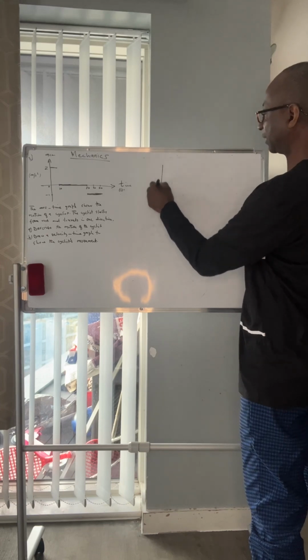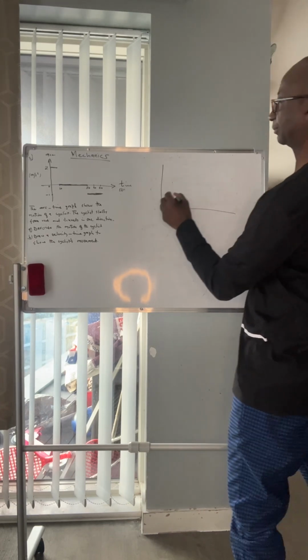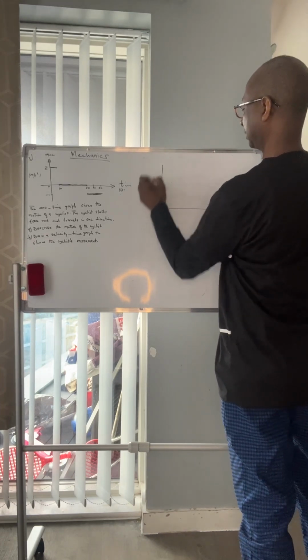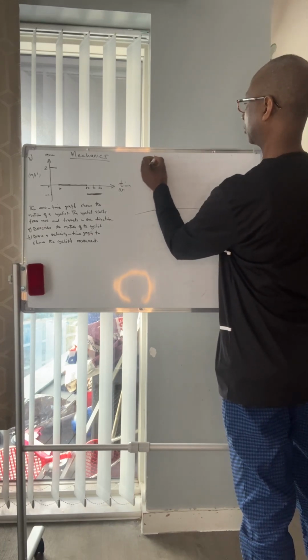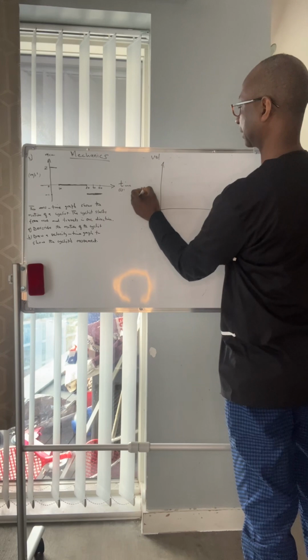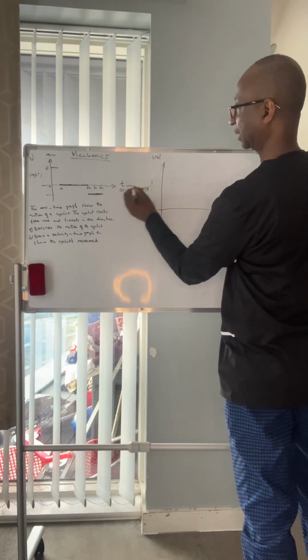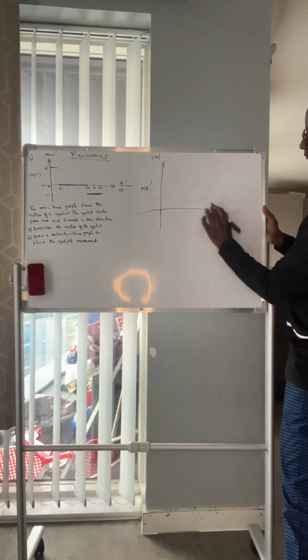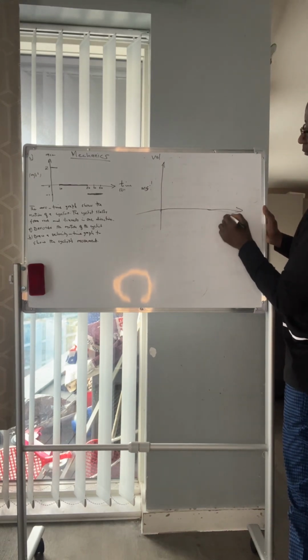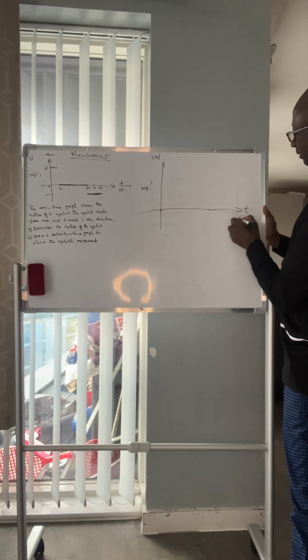We now need a velocity time graph. Velocity in meters per second. This was meters per second squared. And time, t in seconds.